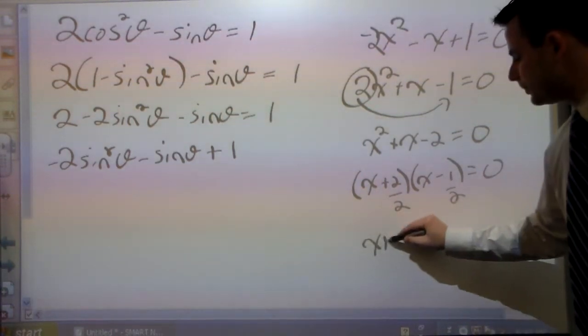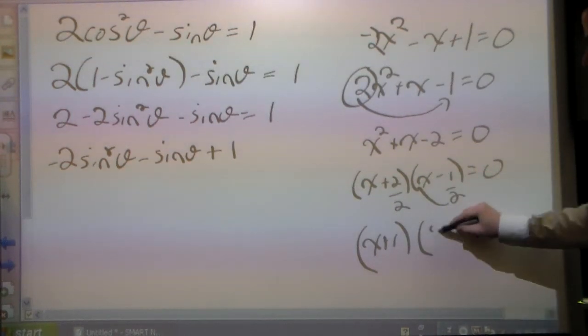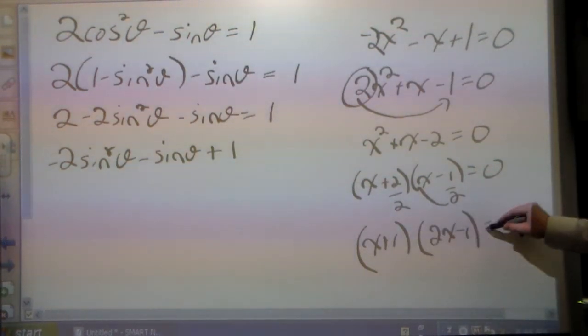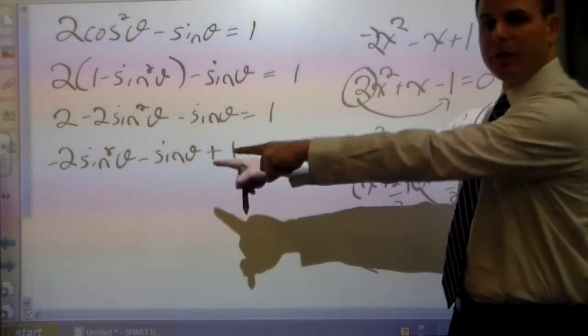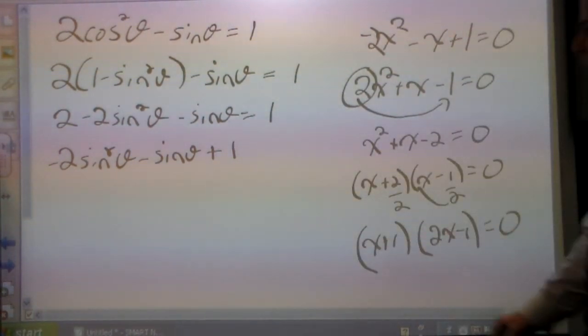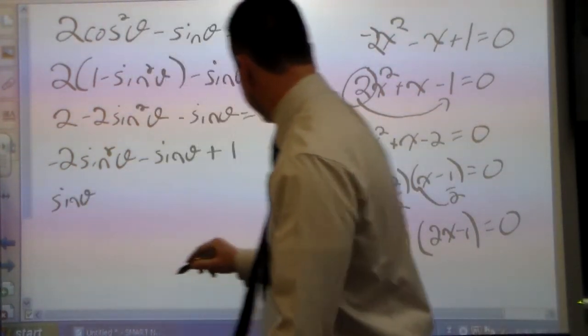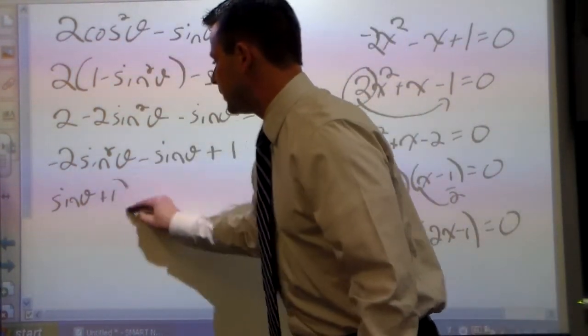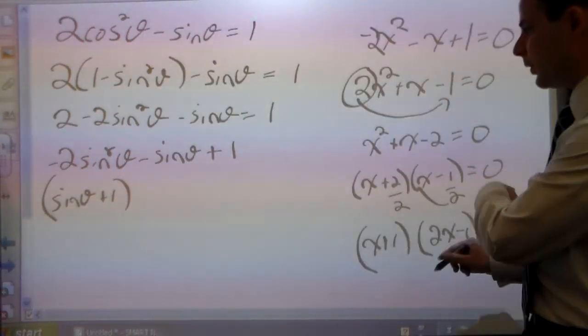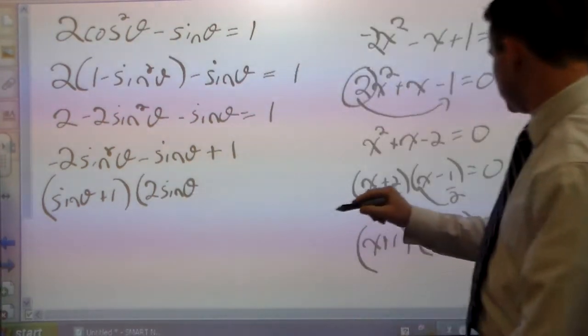Keep any division: 2 divided by 2 is 1, and the other goes in front, so we have 2x minus 1. These are the factors. I'm just going to express it in terms of sine and not x. So this turns out to be sine theta plus 1, instead of x we're just putting sine, times 2 sine theta minus 1.